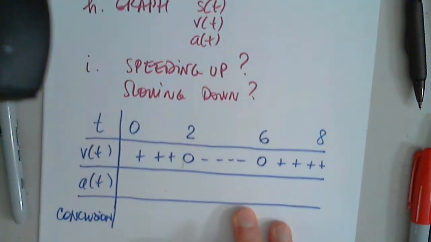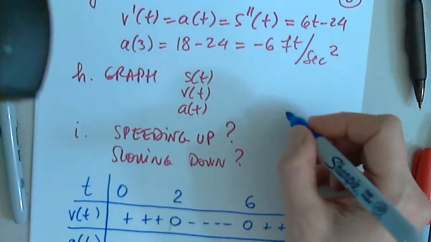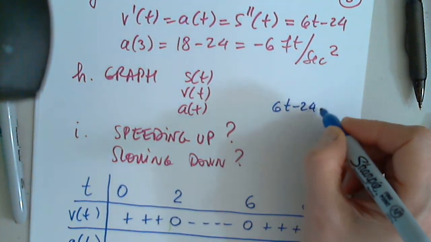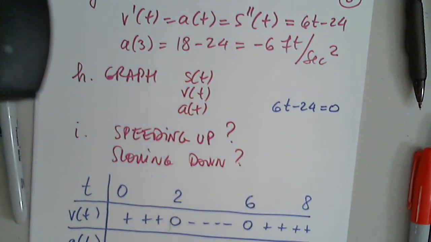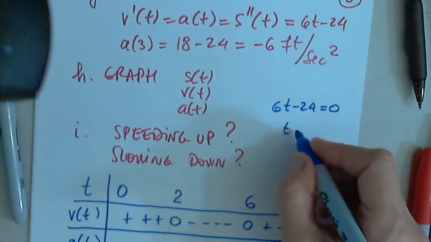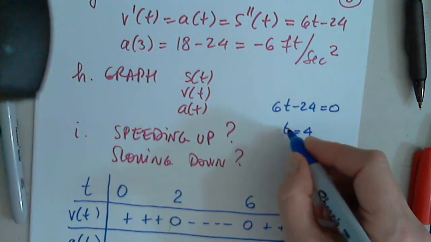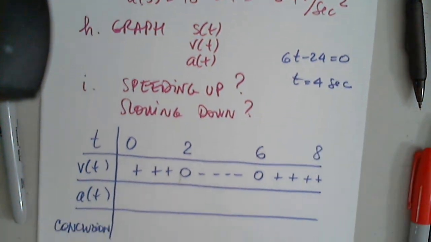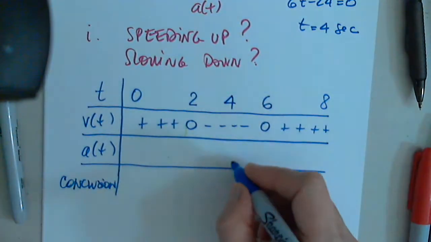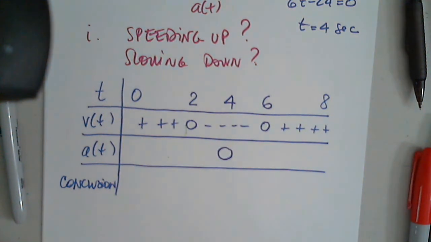We have the acceleration, 60 minus 24. I need to know where this acceleration is 0. And it turns out that at 4 seconds. So 4 will be in the table as well, with 0 in the row for acceleration because at 4 it is 0.